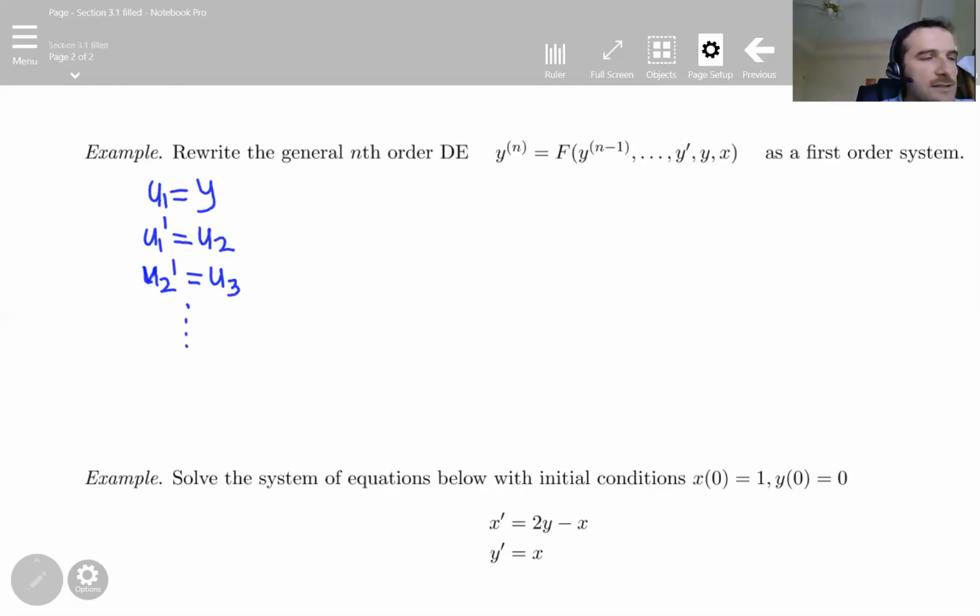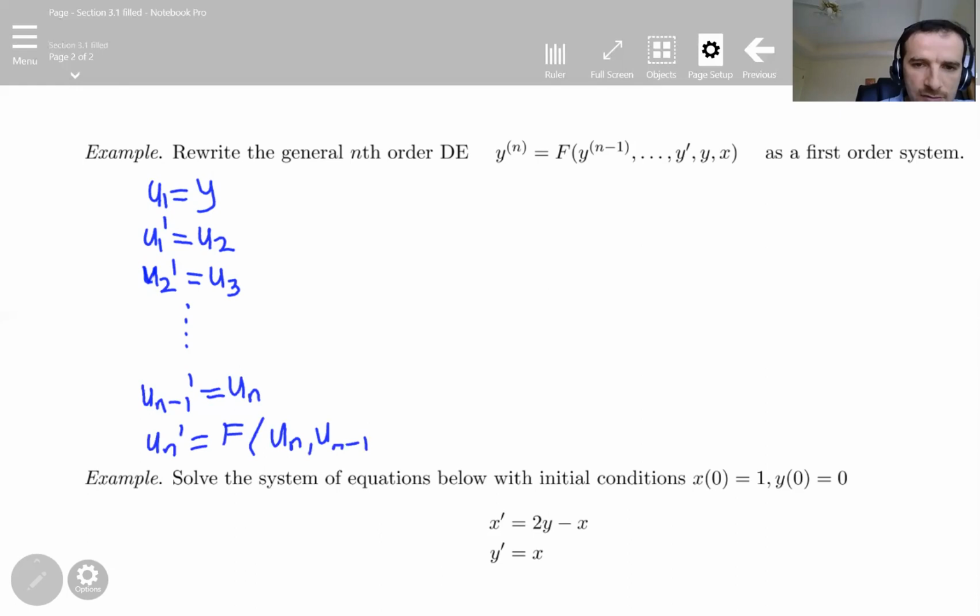And the last thing I can say: u_{n-1} prime is equal to u_n, and of course u_n prime, this is y to the n, is equal to f of u_{n-1} and so on.